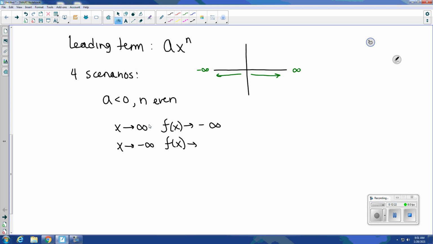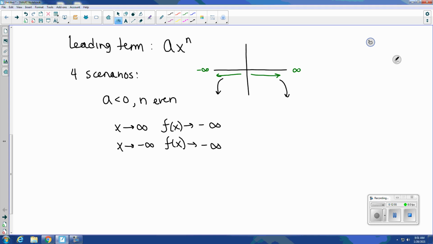Now, if we go to negative infinity, raise it to an even exponent, it becomes a positive number, growing in magnitude, but then multiplying it by a negative number changes it back to a negative value. So both ends go towards negative infinity. So in the negative even scenario, as we go in either direction, left or right forever, both ends of the graph at some point should be heading towards negative infinity. So visually, some people like to put the arrows as a reminder.